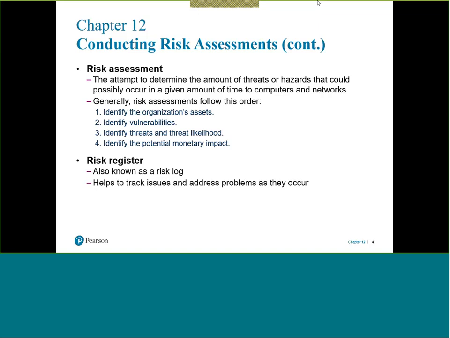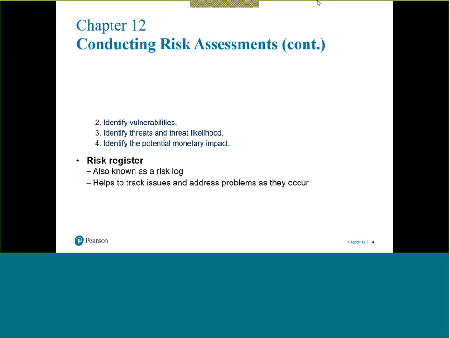Based on what kind of company I am, that should be a big piece of this. I'll go back to the example I've used for y'all before. If I'm Coca-Cola and my recipe gets out, that's a much bigger deal than if it's something that people already know. So what you do is build a risk register or a risk log, and this will help you track issues and problems as they occur.